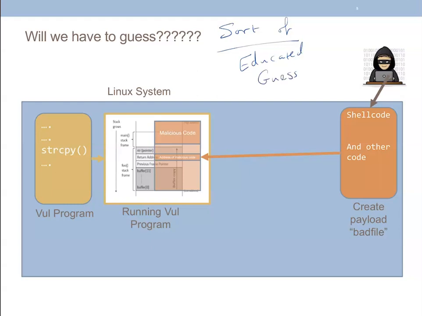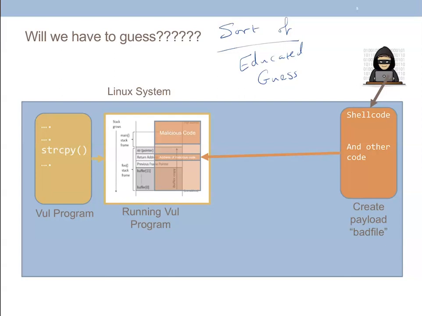And for this first run through of how we construct the payload, we're going to turn off some countermeasures and assume that we can look up some addresses that maybe we won't be able to if those countermeasures were turned on. So for this one, we're going to attempt to use exact values for the addresses.